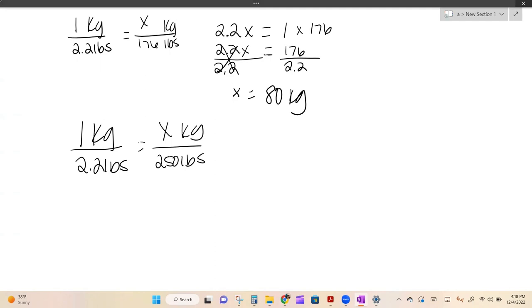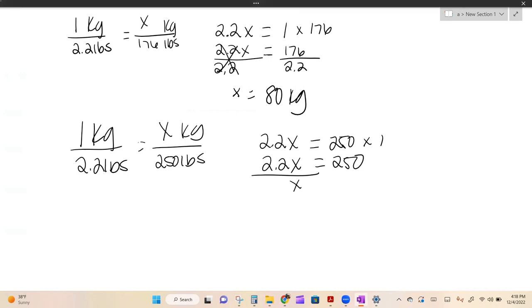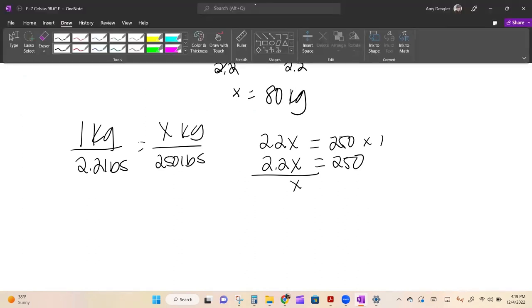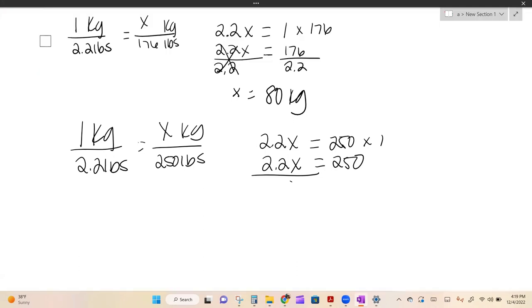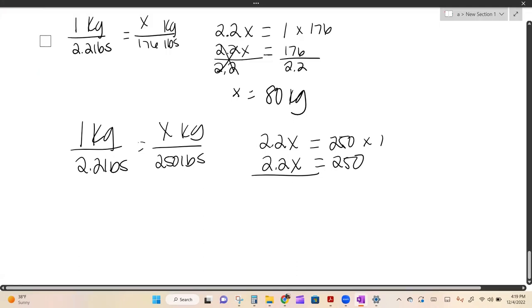So we would do 2.2x is equal to 250 times 1, which is 250. I want to get x alone, so we want to divide both sides by 2.2.